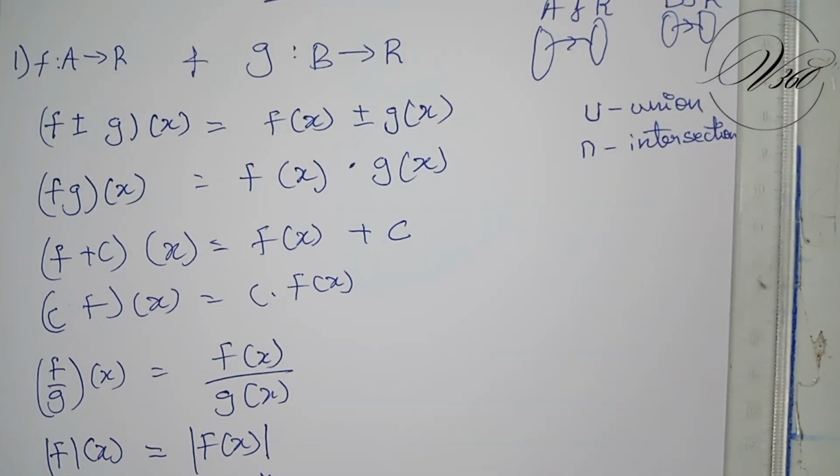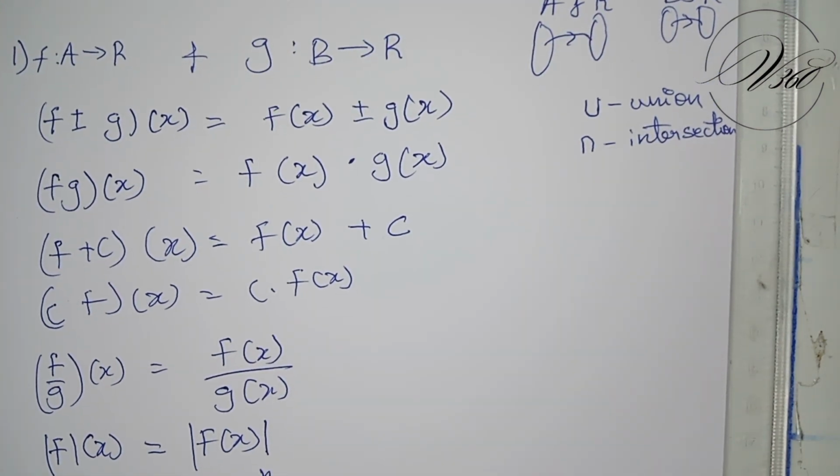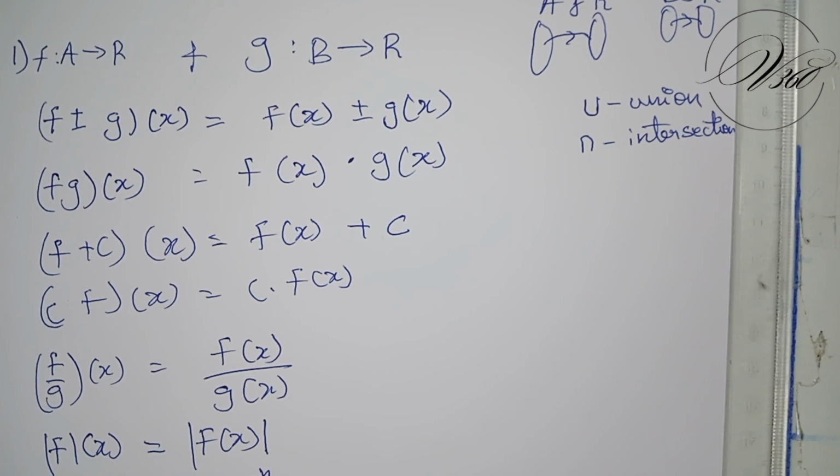Okay, now f maps A to R and g maps B to R. f plus or minus g of x is equals to f of x plus or minus g of x. fg of x is equals to f of x into g of x. f plus c of x is equals to f of x plus c. c f of x is equals to c into f of x. f by g of x is equals to f of x by g of x. Modulus f of x is equals to f of x whole modulus.